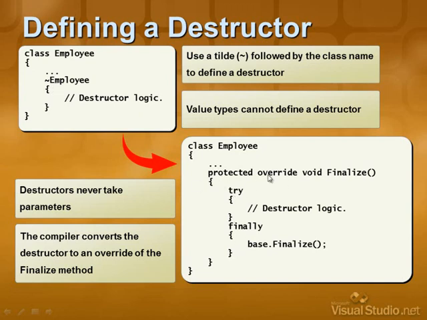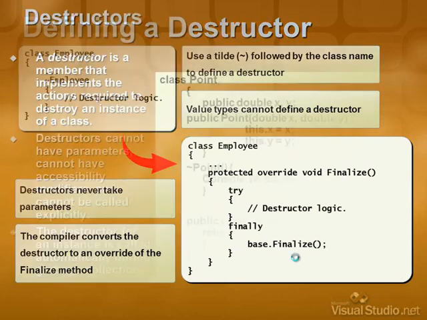It creates an override for the Finalize method. So when you write that step, you don't have to write this step. The compiler automatically writes an override for the Finalize method and then uses try and finally. You know very well what this finally is. Finally it calls its base Finalize method. Okay, so this is what is happening.